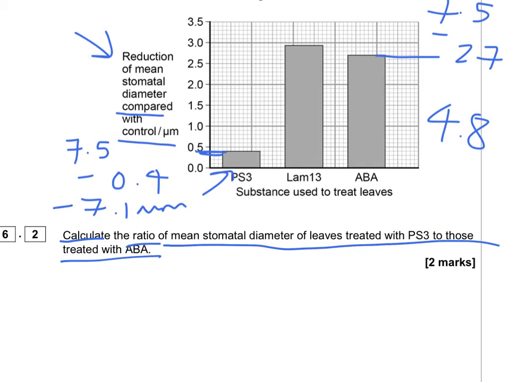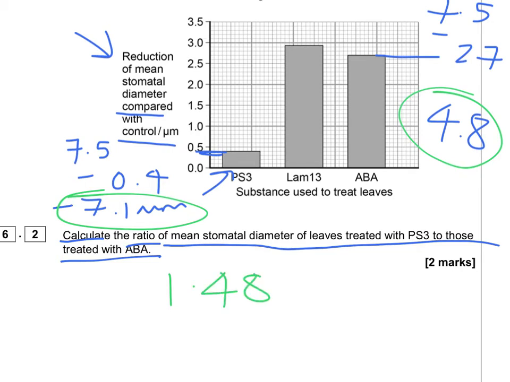It's that figure there. See, even a genius can get it wrong sometimes. So 7.1 divided by 4.8, and you will get 1.479, but I would say round it up, 1.48, and that is the answer.